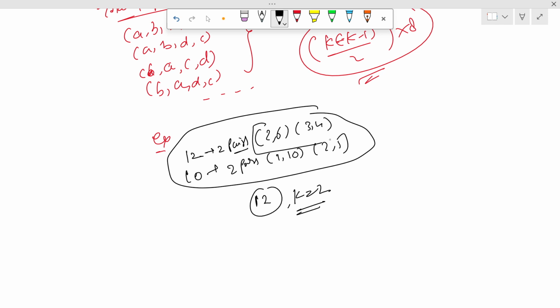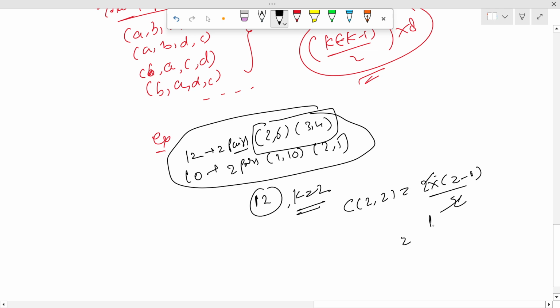k equal to 2 means there are two valid pairs we have to get here, and now C(2, 2) is equal to 2 into (2 minus 1) by 2, and this becomes 1.